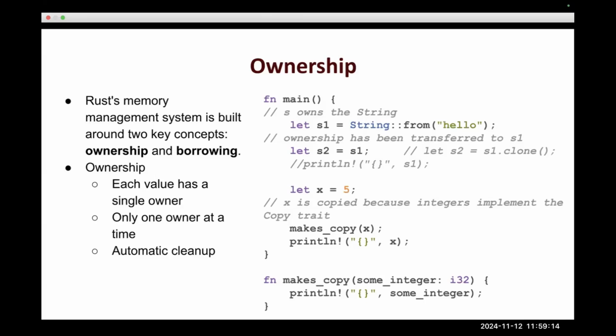When you define a variable here, variable and value are like a pair. You can consider a variable like a container. It's like the owner, and the value is whatever the owner has ownership of, and they have a one-to-one map.